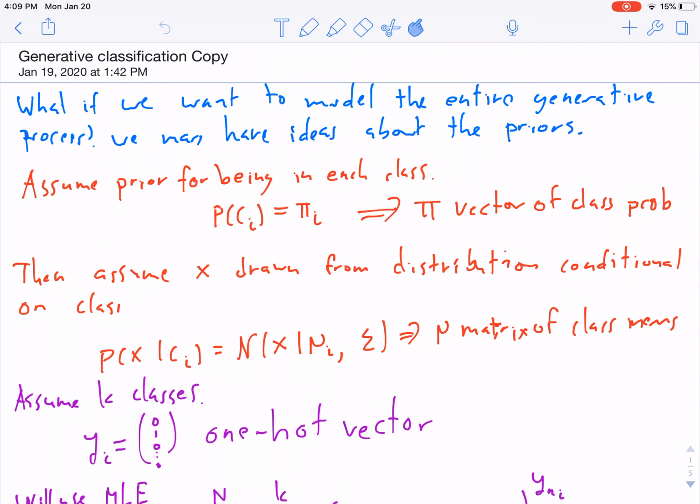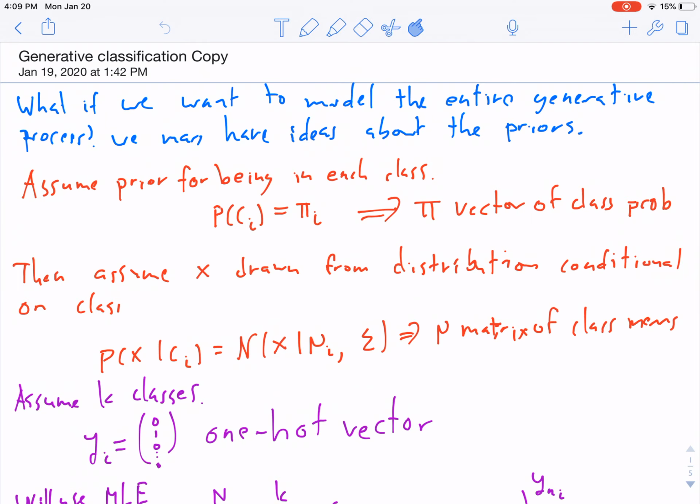And then we're going to use that to eventually tell which classes we think we should sort the data points into. So you're sort of modeling the entire process as a whole, as opposed to just trying to get a model that can figure out which is the best class to put something in. So how are we going to do this?